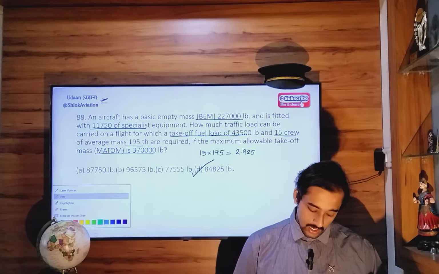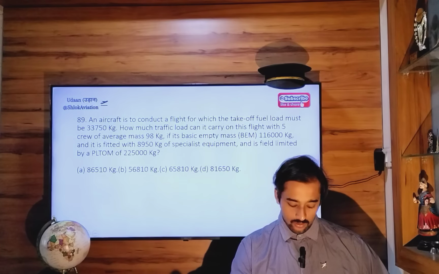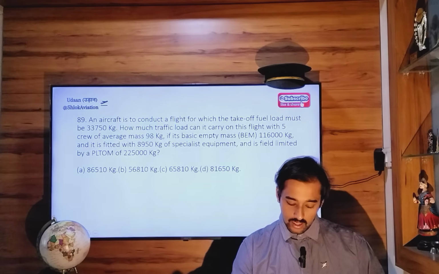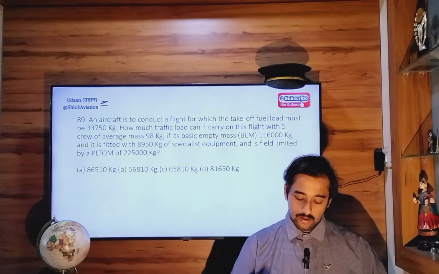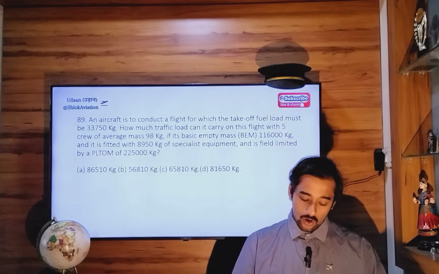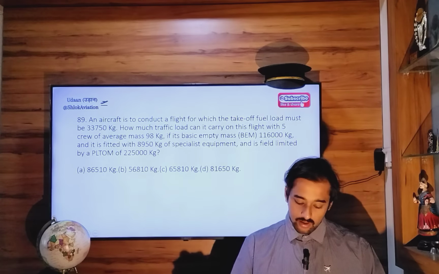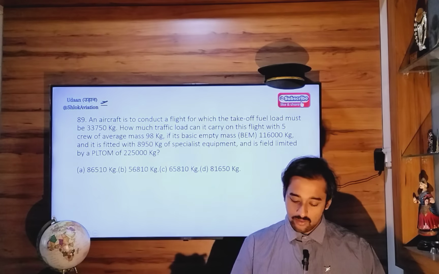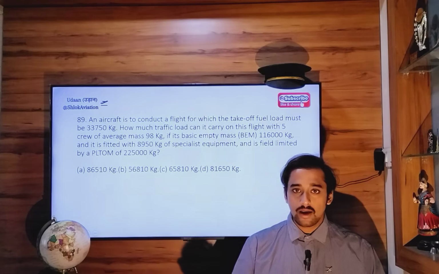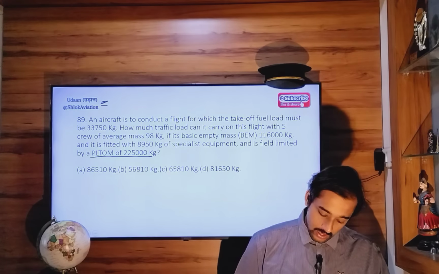Next question 89. Aircraft is to conduct a flight for which takeoff fuel load must be 33,750. How much traffic load can it carry on this flight with 5 crew of average mass 98 kg each? Basic empty mass is given, special equipment load is given, and takeoff mass is given. Again, a formula based sum. So takeoff mass is 225,000, so write 225.